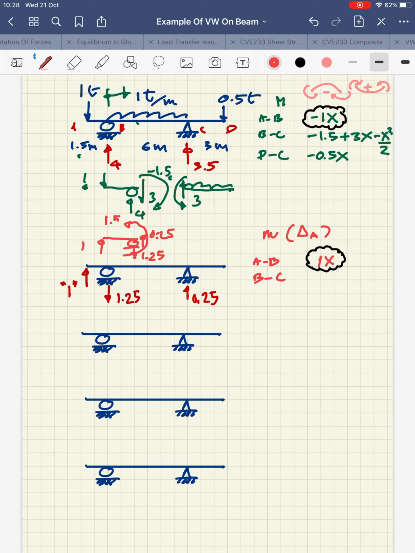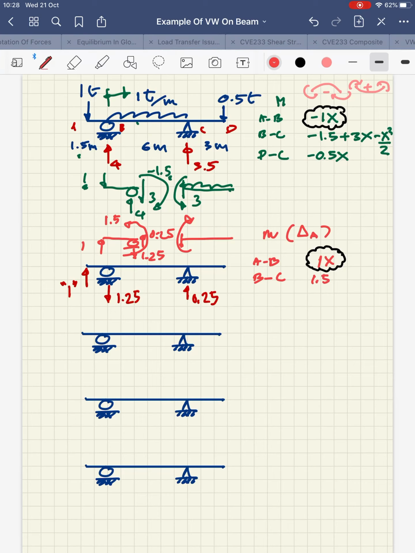So I will have this positive moment equal to 1.5 to complete my free body diagram. So I will move on to the right side of this, and my moment will follow with the same amount, and my shear this time will be a downward one.